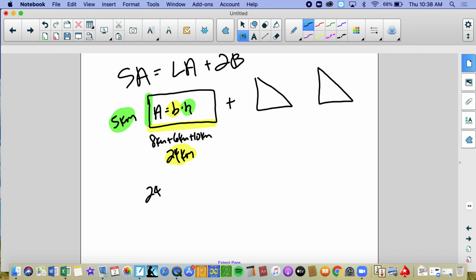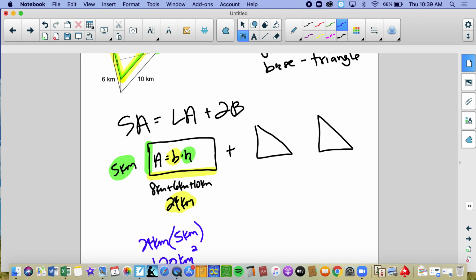Base is 24 kilometers times the height, which is 5 kilometers. 24 times 5 gives me 120 kilometers squared. That is the area of this lateral area rectangle.